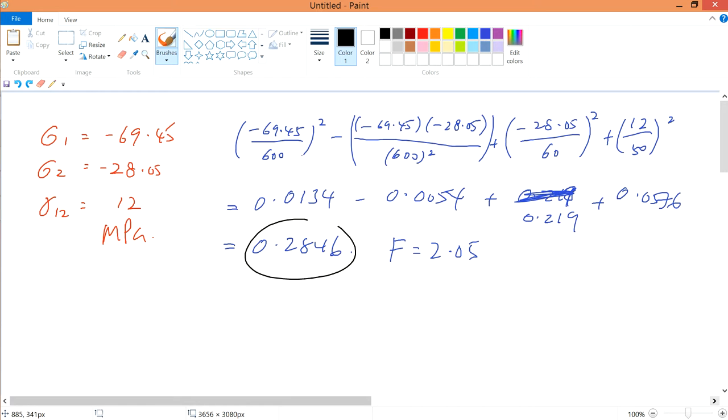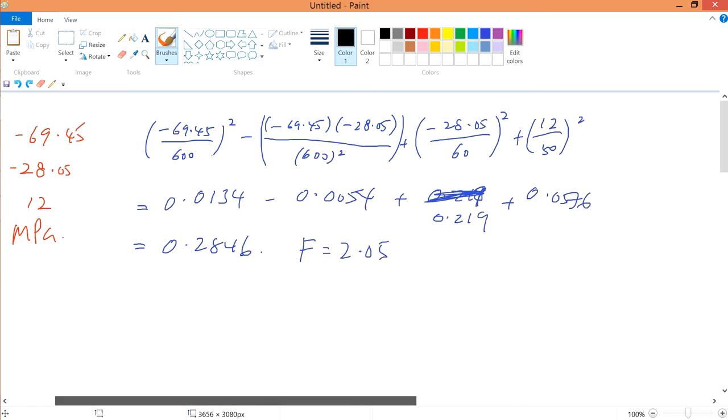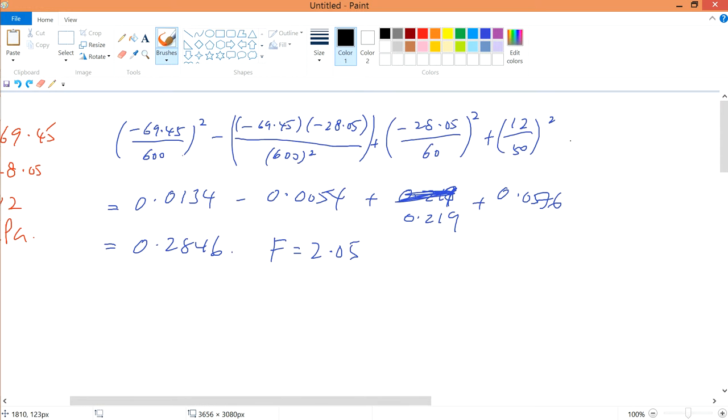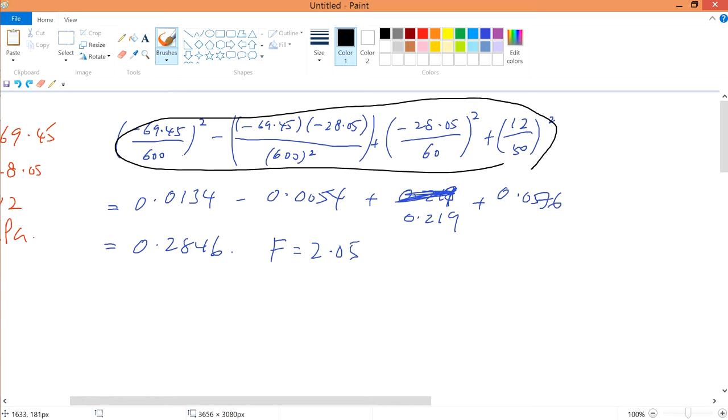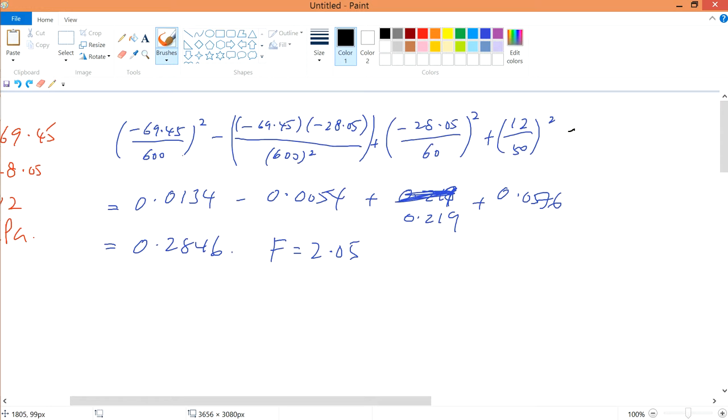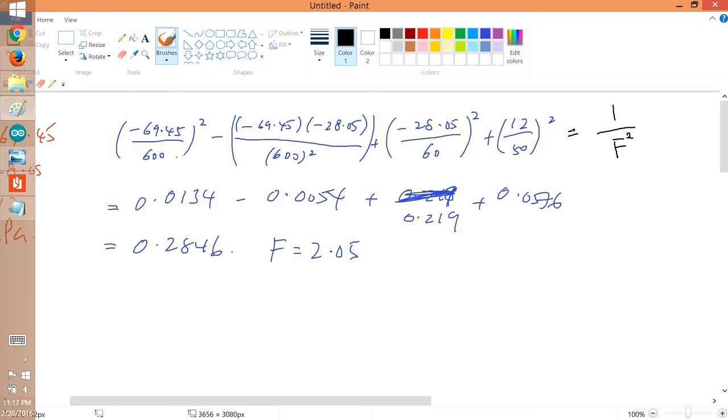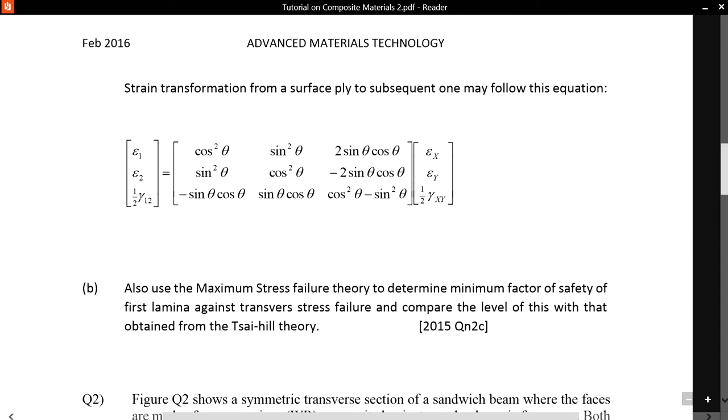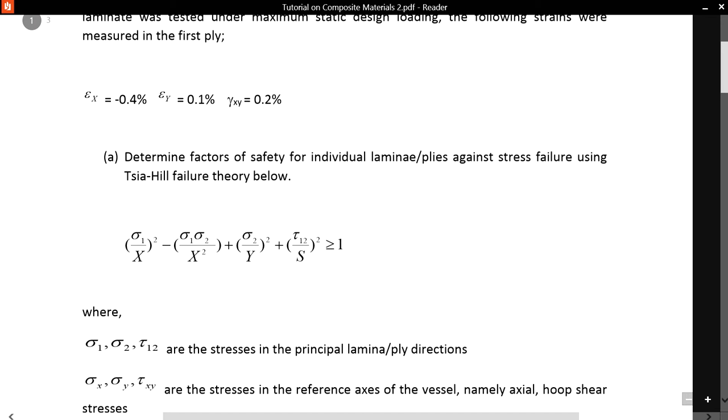And we get this thing. But if you think about it, the equation, a very important concept, we lose out something that is within this equation, that is equals to 1 over f squared. So we know that our thing is safe because it's less than 1, from the PDF equation, or the equation over here.